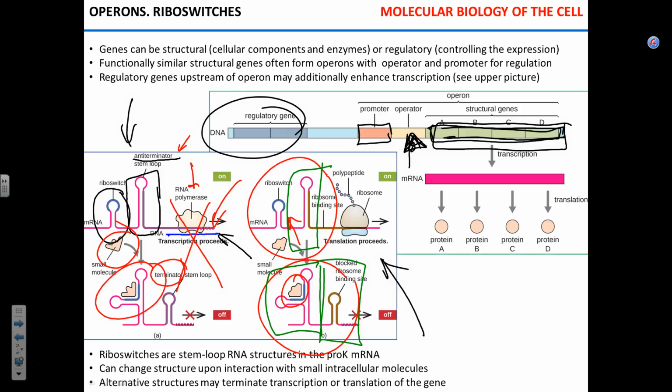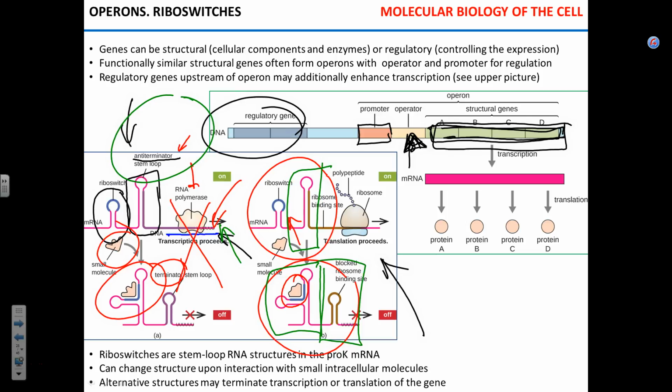That's going to be two different switches, because if you shut down the transcription, you still have the transcript. It may be short, it may be incomplete, but it is there. So it's going to get translated. Does that make sense? For translation, you shut down translation, period.